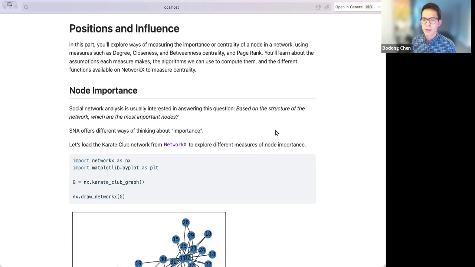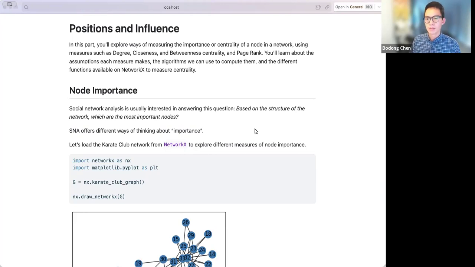In the process, we're going to learn the assumption behind every measure, because every measure is different and captures a different kind of importance. There are assumptions made for every measure, and also how to calculate them, manually in some cases, and also more conveniently using NetworkX, because the power of NetworkX is that it provides a range of functions for you to leverage to quickly calculate those measures.